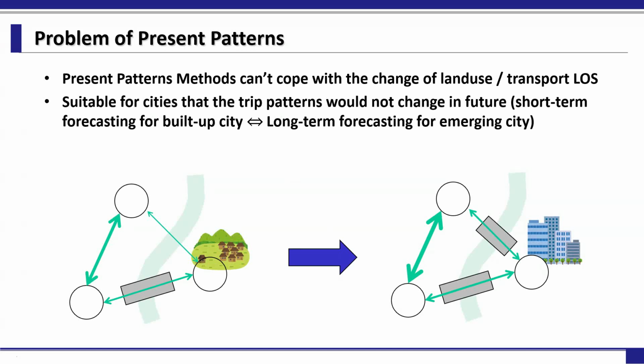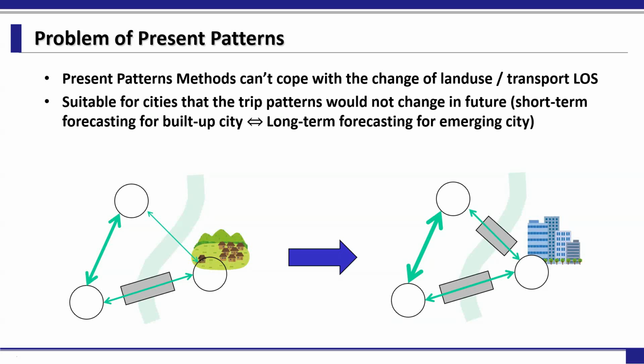For example, currently a major trip is made from the CBD to Westland, an existing urbanized area. However, if a new urban town or new development area is developed, many trips must be made between the CBD and this proposed new town.